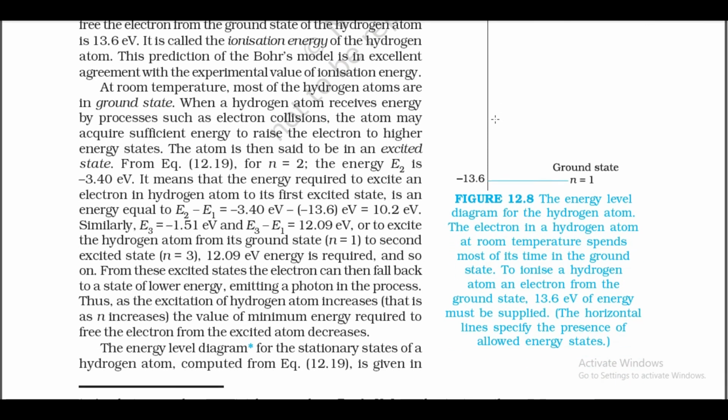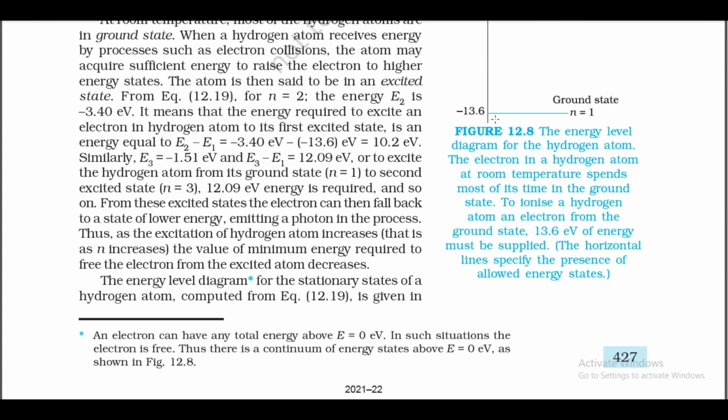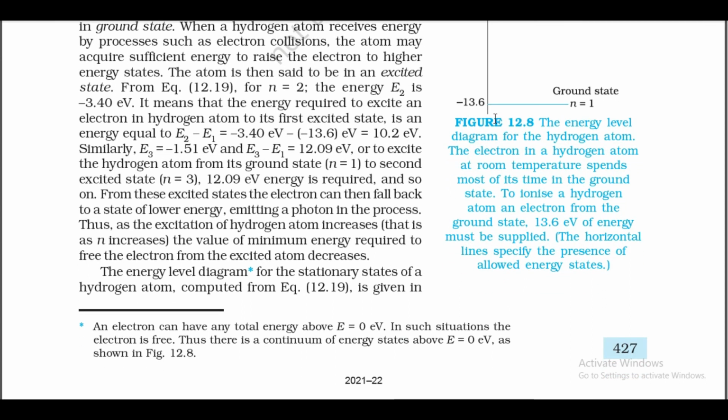Similarly, E3 is equal to minus 1.51 eV, and E3 minus E1 is equal to 12.09 eV. So to excite the hydrogen atom from its ground state, n equal to 1, to the second excited state, n equal to 3, 12.09 eV energy is required, and so on.